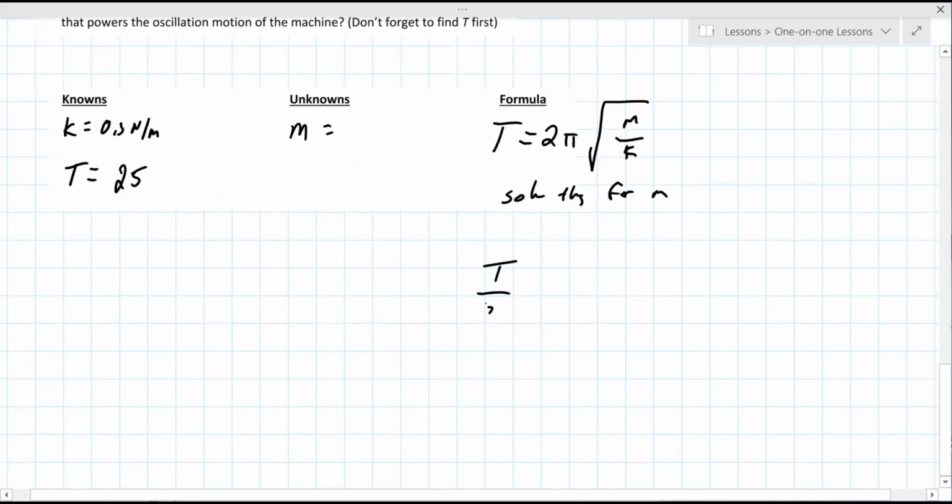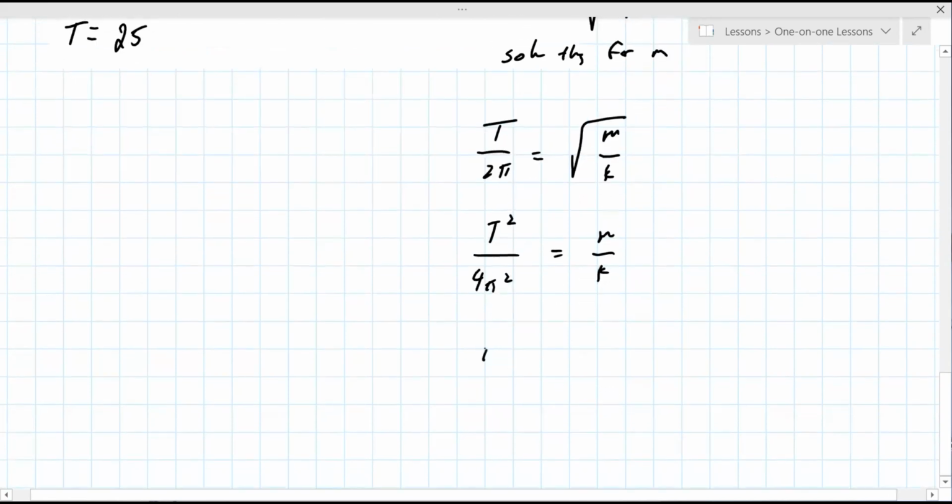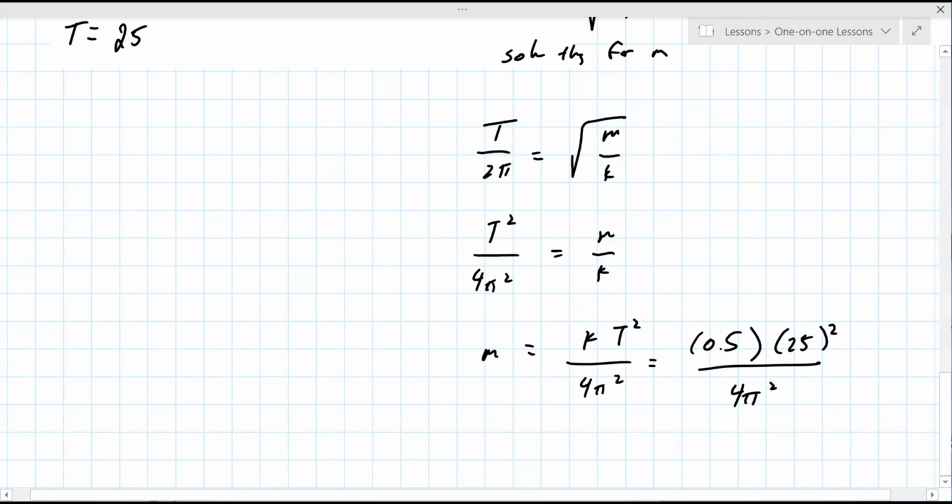So that's T over 2 pi equals square root m over k. Square both sides, so T squared over 4 pi squared equals m over k. So m equals k T squared over 4 pi squared. Your k is 0.5. Your period is 25 squared over 4 pi squared. I'm going to go get my calculator.